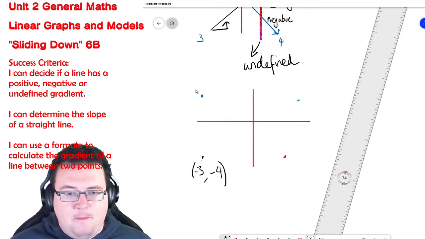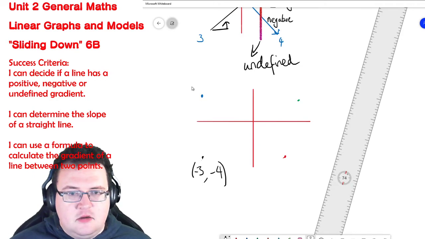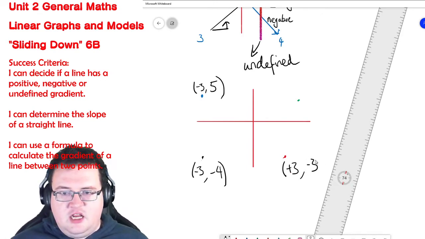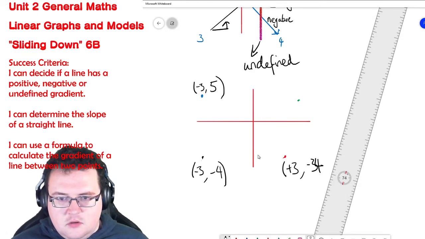This here is going to be negative 3 and 5, because it's positive 5, it's in the positives. This one here is going to be positive 3, negative 4, because it's 3 across, 4 down.